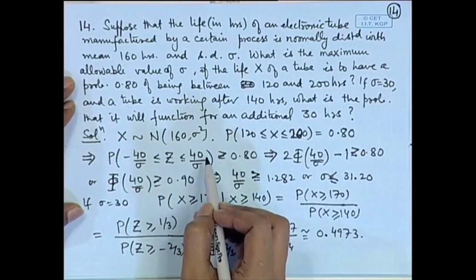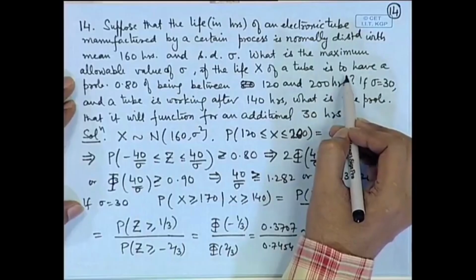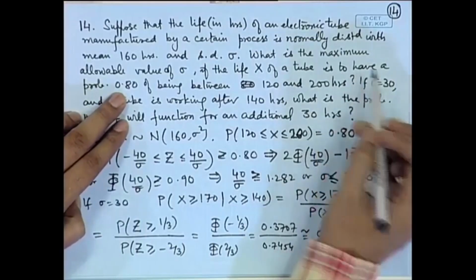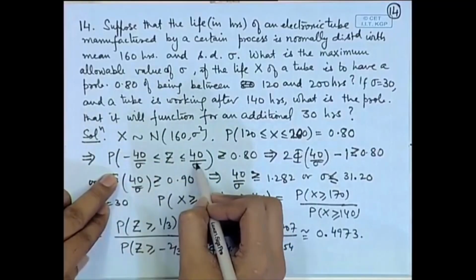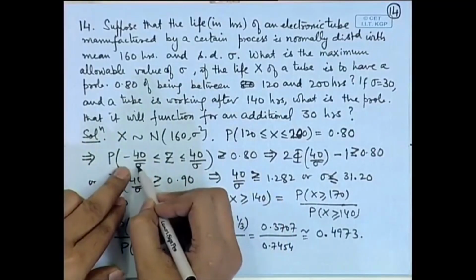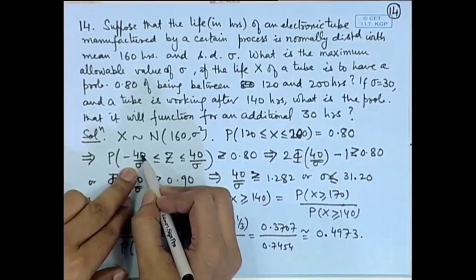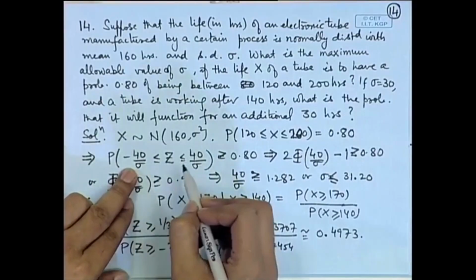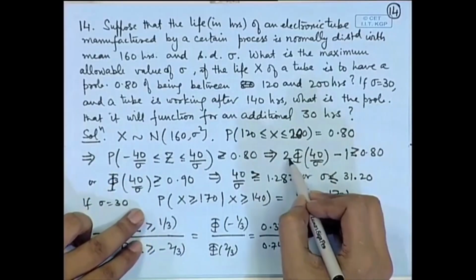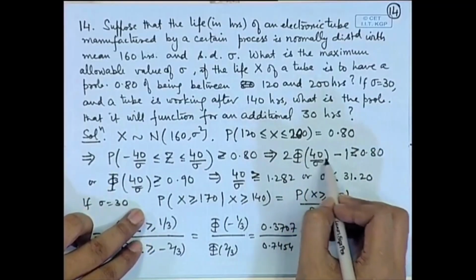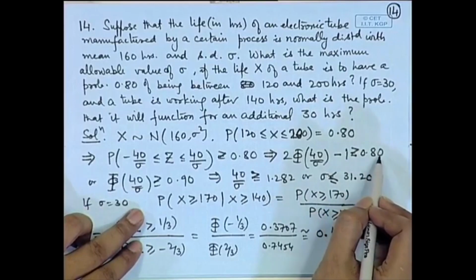We want this probability to be at least 0.80. We can simplify this term: it is capital phi of 40 by sigma minus phi of minus 40 by sigma. We make use of the property that phi of t plus phi of minus t is equal to 1. So, this reduces to twice capital phi of 40 by sigma minus 1 greater than or equal to 0.80.